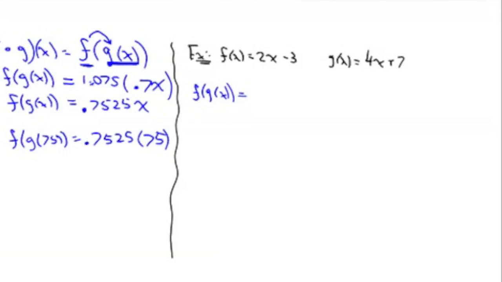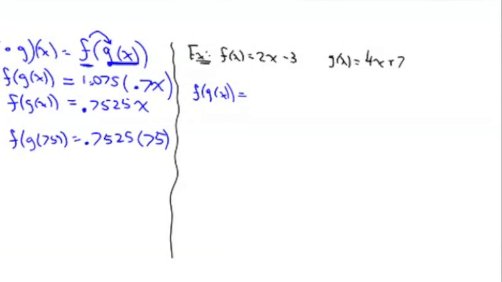G into f. You got to read it backwards. G of x is in place of x, so it's replacing, substituting the value of x. So g of x is getting plugged into f. So when you read composition of functions, you actually read it going backwards. The inside gets done first, then the outside.